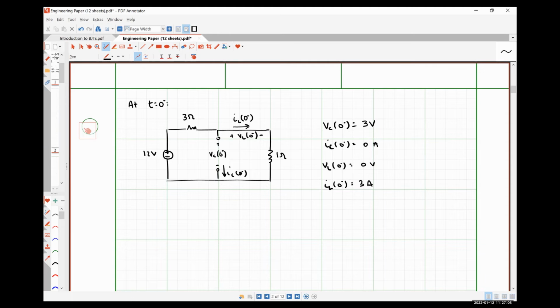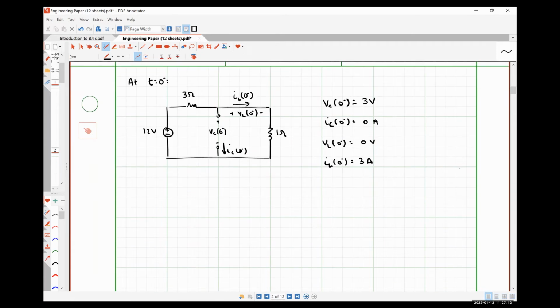All right, so at t is equal to 0 plus, the 12 volt source and the 3 ohm resistor have been disconnected. So we are left with our half ohm resistor over here to the left in parallel with our capacitor.